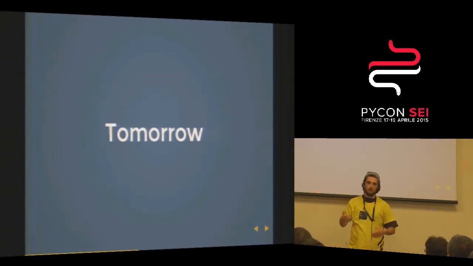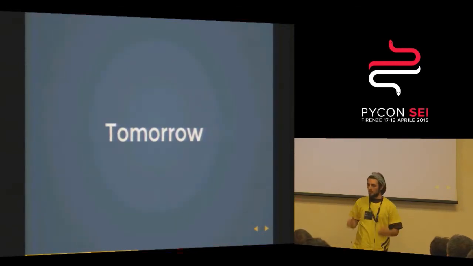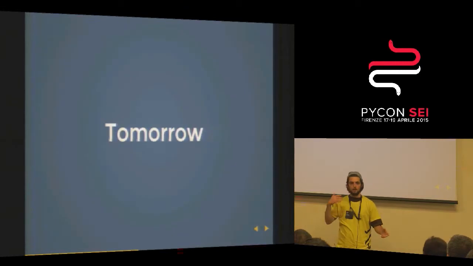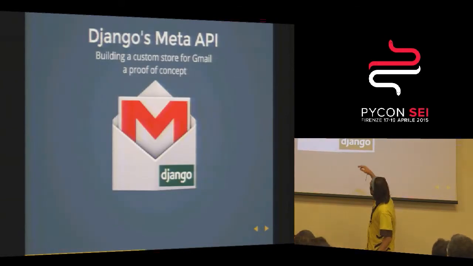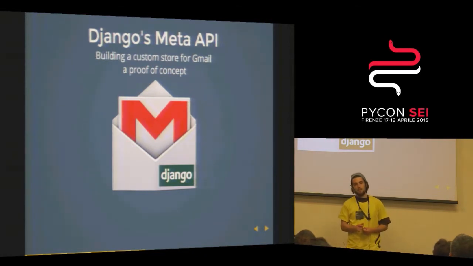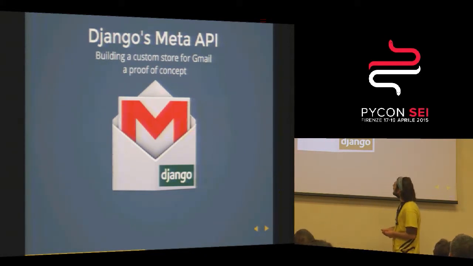Now that we have this API, we could less tightly couple things and make them more abstract between them, and as long as people implement a custom interface, we'll be able to use this throughout the entire system. So to make sure that it was possible, I built a Django custom store, the way I like to call it.